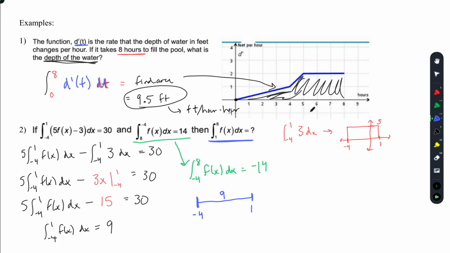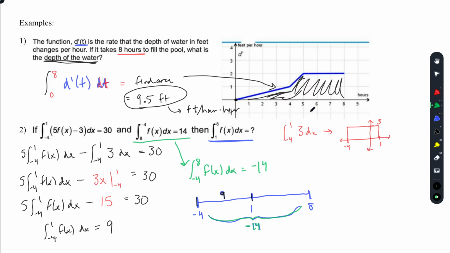And I know negative 4 to 8 is negative 14, so this whole thing is negative 14. This is 9 from that integral we did, and this one is what they gave us, negative 14.